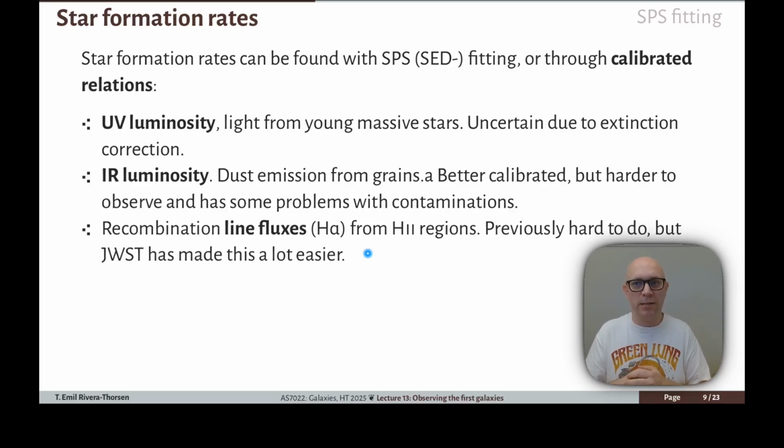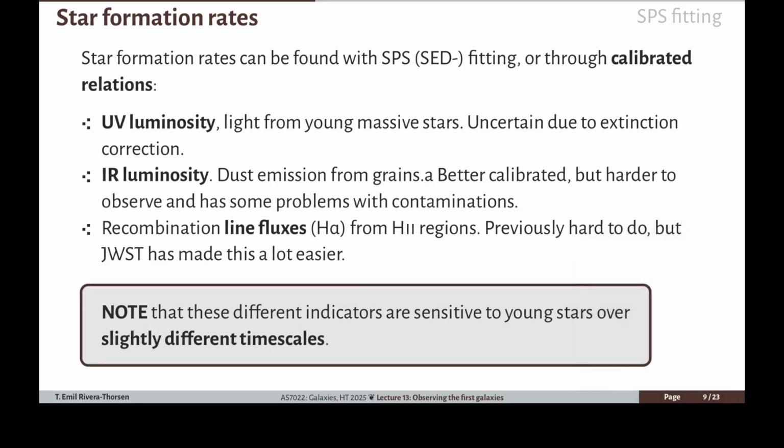That is something that has previously been quite hard to do for many galaxies at high redshift, but with James Webb Space Telescope being launched, it has become much easier to do. And it is another one of these techniques that will get a little bit of a renaissance with JWST, I think. We should also note that these different indicators are sensitive to young stars over slightly different timescales. So based on what we will measure, we will also learn something slightly different about these galaxies.